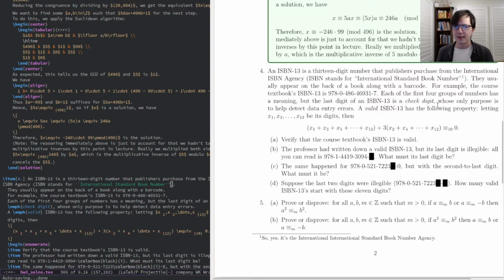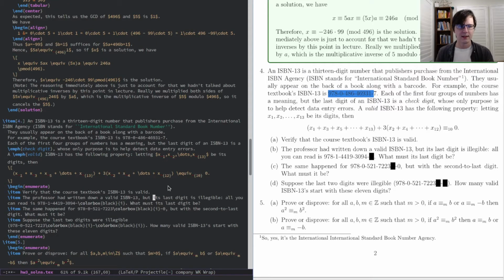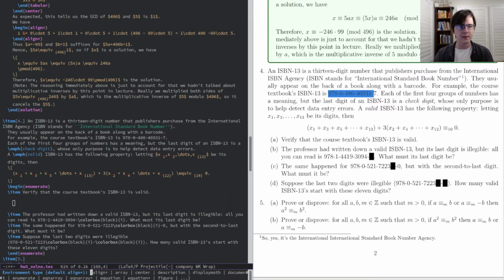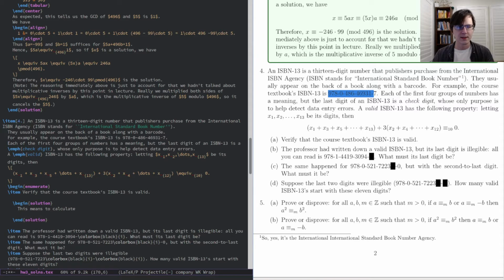So, really, all that we need to know is that there's this congruence here involving 13 unknowns. So let's verify that the course textbook is valid. So we want to calculate.